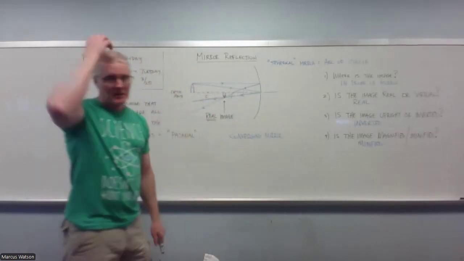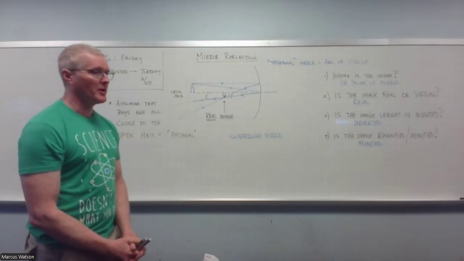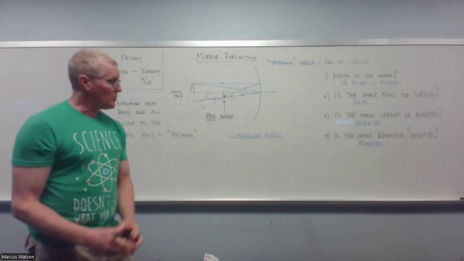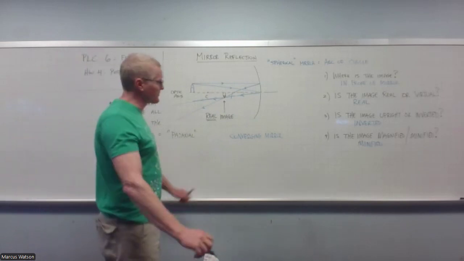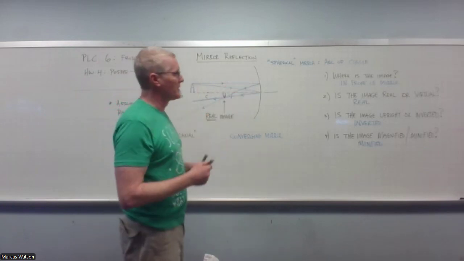Okay, let's talk about sign conventions, because part of that is on the PLC this week. So, the sign conventions are directly related to the answers to the 4 questions.